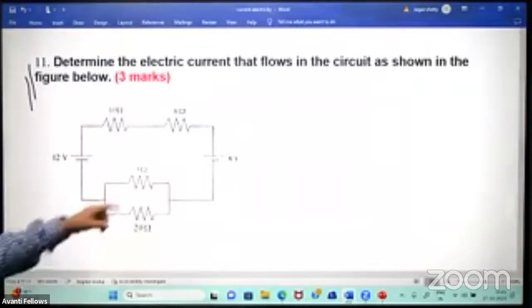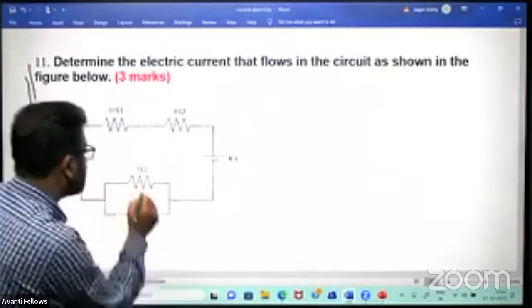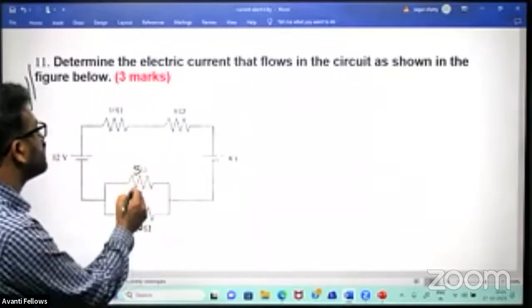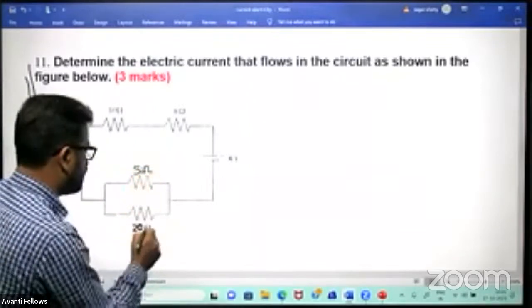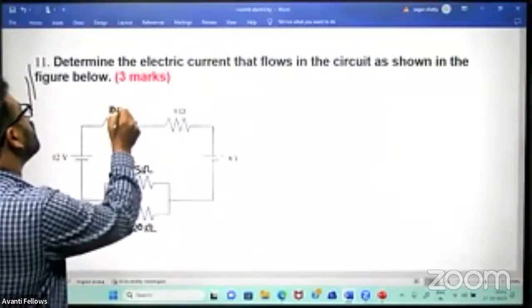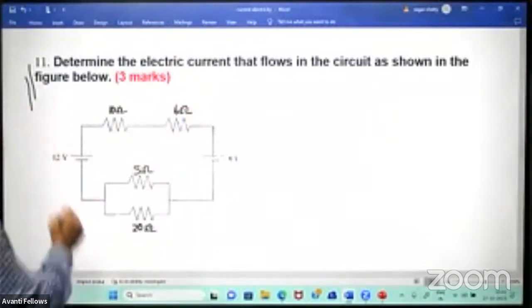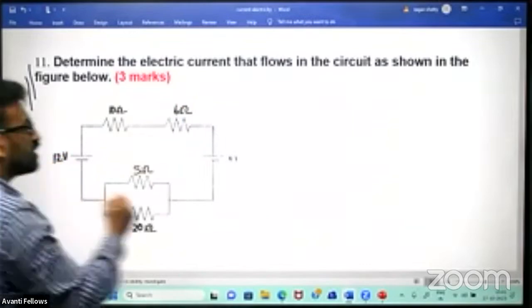Here again, parallel combination is there. This is 20 ohm. Can you see it? This is 20 ohm and this is 5 ohm. This is 10 ohm and this is 6 ohm. Okay, 12 volt and 8 volt.